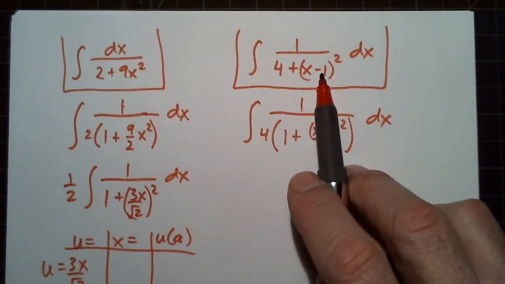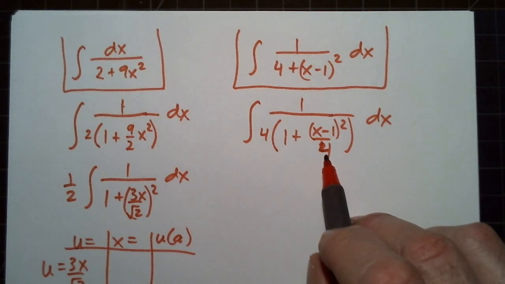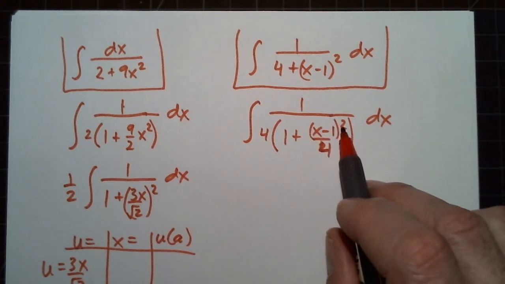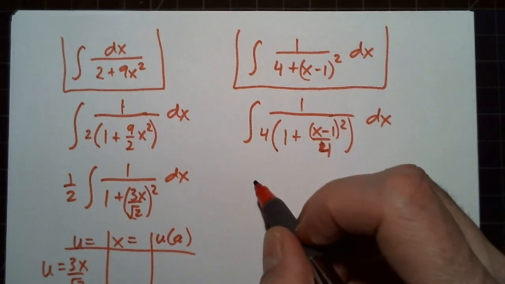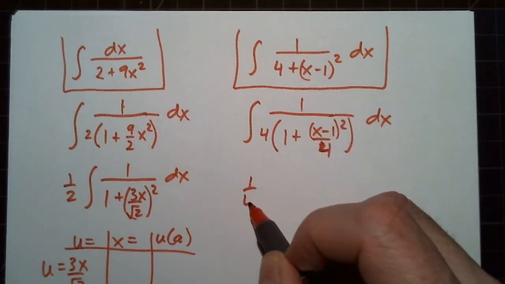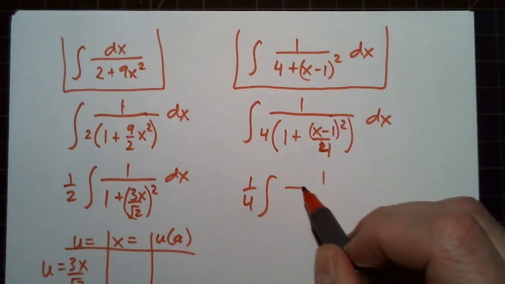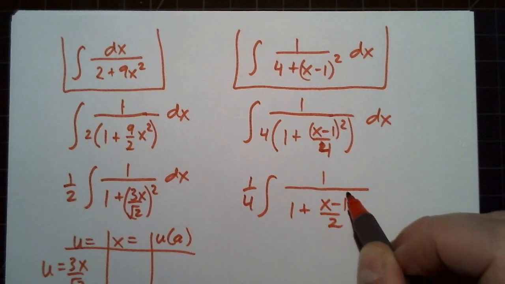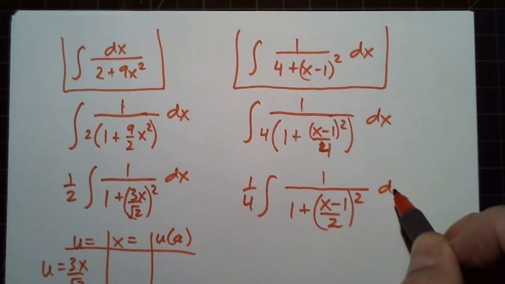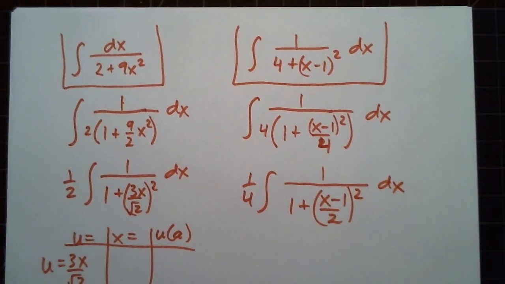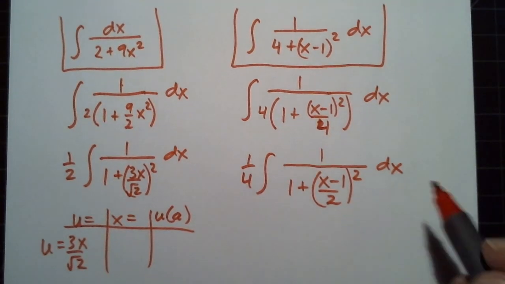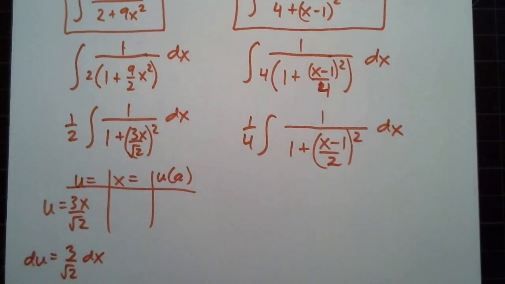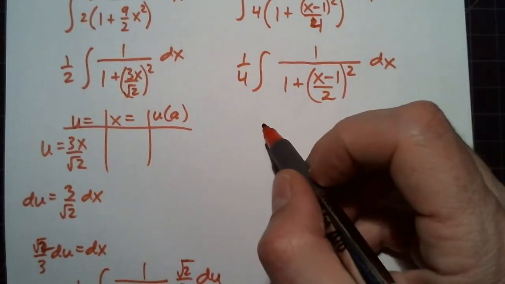If we take a 4 out of this, there'll just be a 4 in the denominator. This has to be one thing squared instead of only a square in the numerator. We can put the 1/4 in front. So if we square that, it would go back to that, and now we can see what u is.